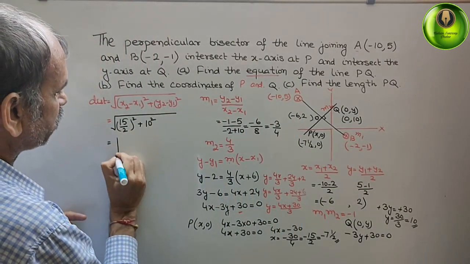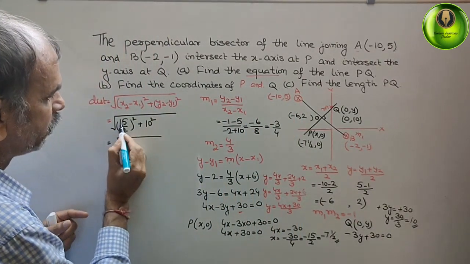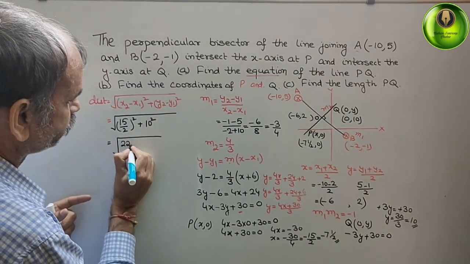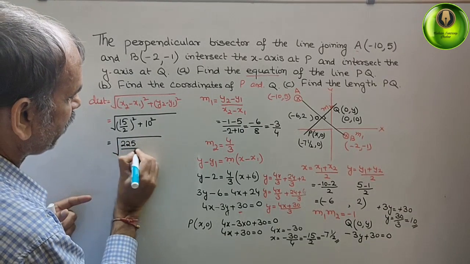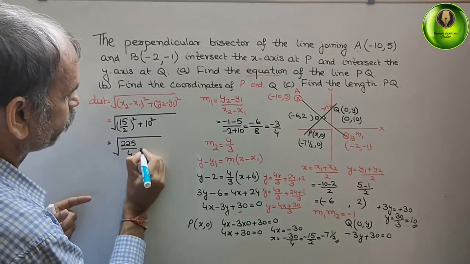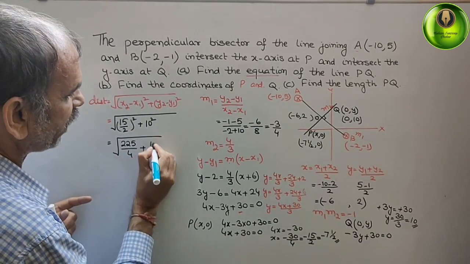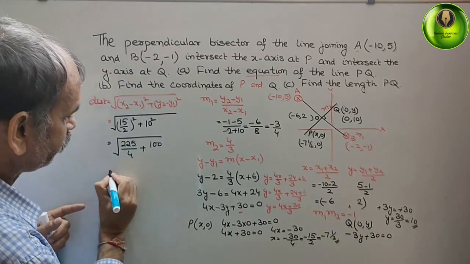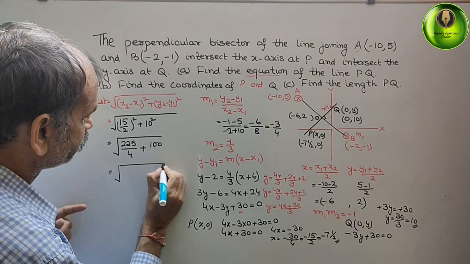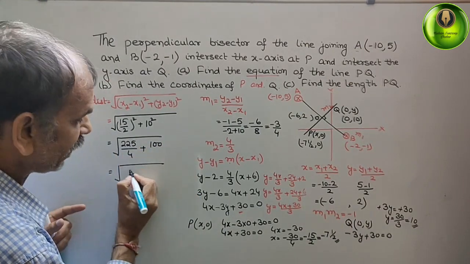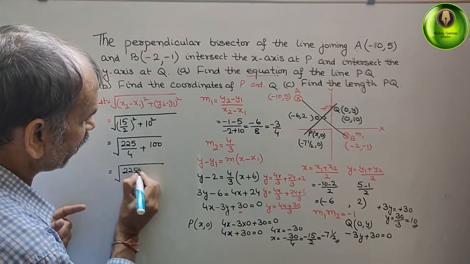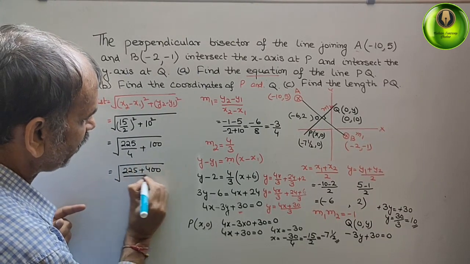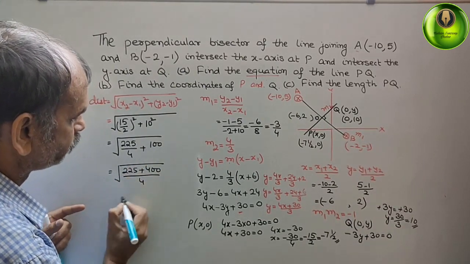If you solve this, what do we get? 15 square is 225 by 2 square is 4, plus 10 square is 100. Take the LCM: 225 plus 4 into 100 is 400, by 4.